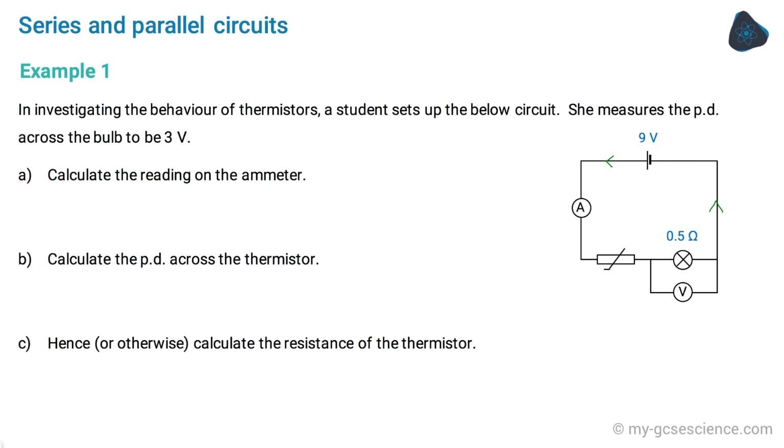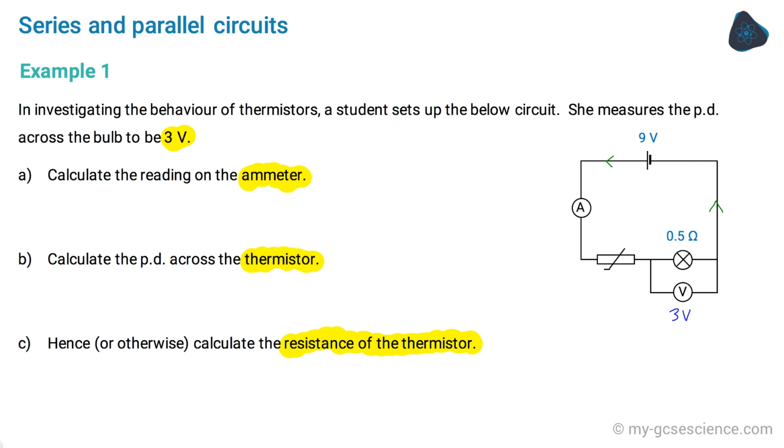Okay, highlighting the key information given in the question, the PD across the bulb is 3 volts. Part A is looking for the reading on the ammeter. Part B is looking for the PD across the thermistor. And in part C, we need to find out the resistance of the thermistor. So let's get started. First off, let's just note down that the PD across the bulb, in other words this voltmeter reading, is 3 volts.